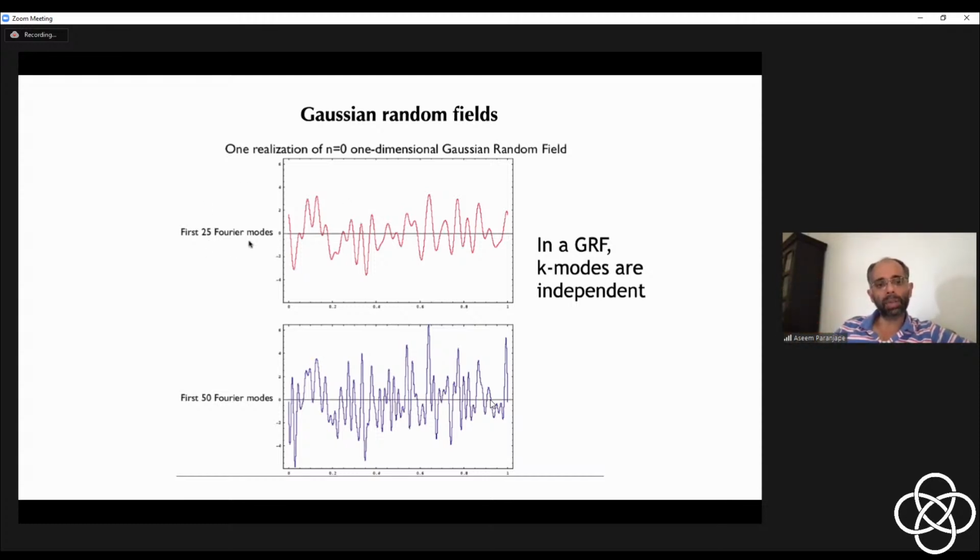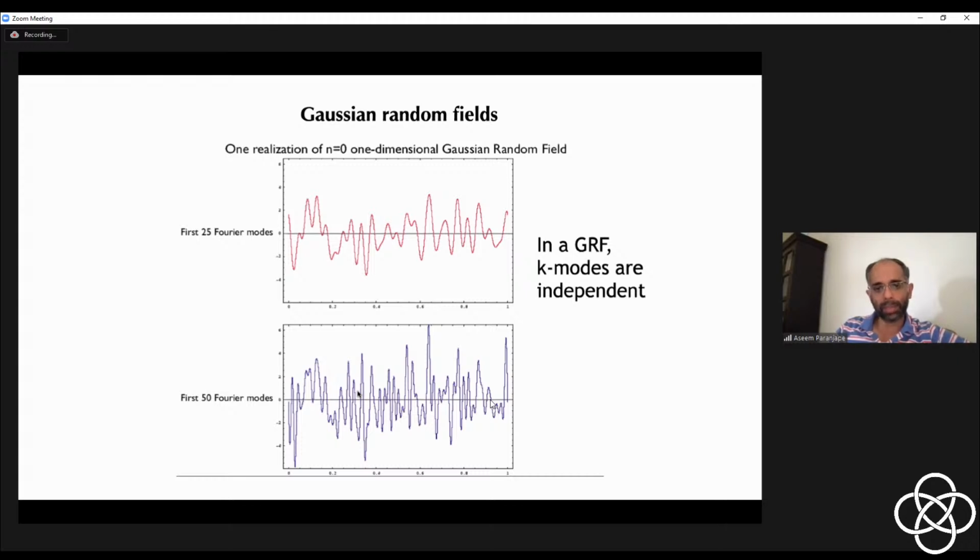So here is an example where 25 Fourier modes were added by randomly drawing some numbers, and then on top of this already existing set of 25 Fourier modes, another 25 Fourier modes were added which had higher k values. Okay, so the next 25 Fourier modes were added. So here I am only adding Fourier modes whose k values are small, and here I am adding Fourier modes whose k values are large.